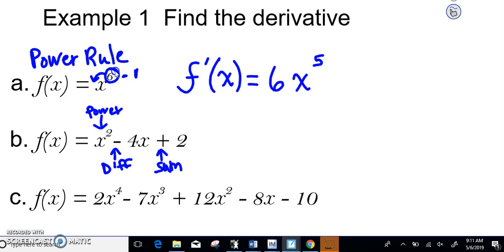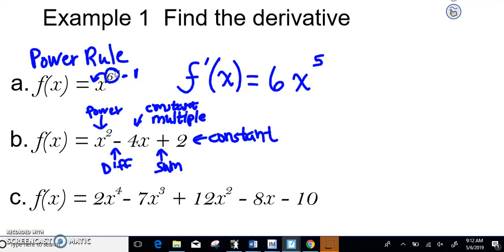And then we have the constant multiple rule, and also the constant rule right here, because we're going to deal with each one of those rules all together.